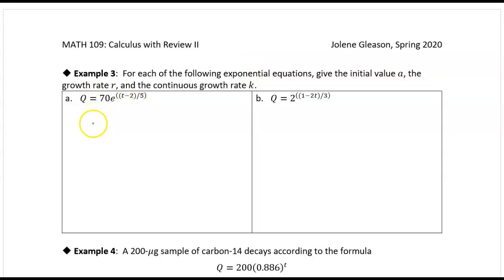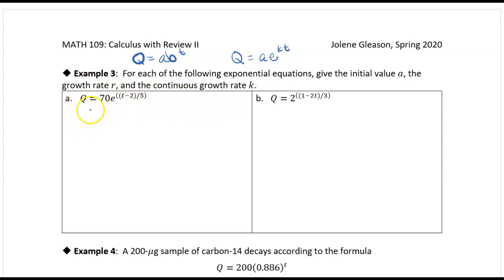But we can still use some algebra to convert these equations into the forms that we had previously. Either q equals a b to the t, or q equals a e to the kt. We can do that. We can rearrange this.